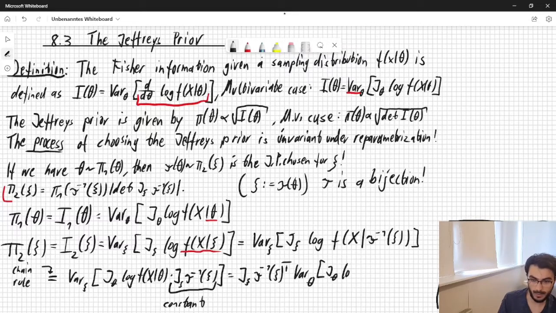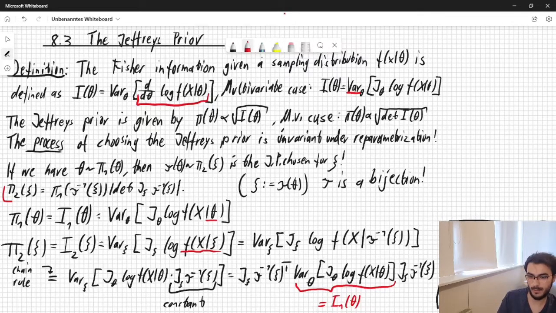Of the Jacobian of the log likelihood times the Jacobian of the inverse. But now we're done, because this here is equal to the original Fisher information.